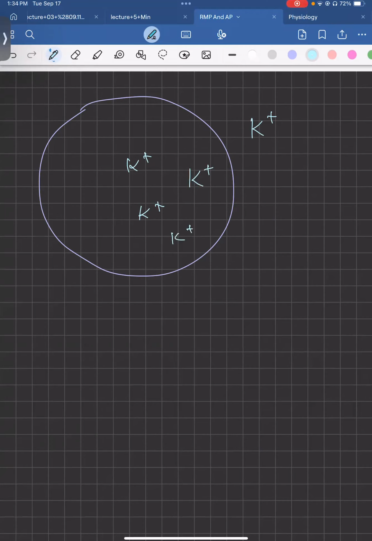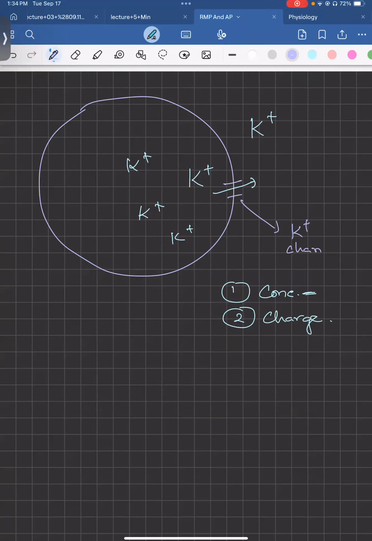Again, doing the same thinking, two forces: the concentration-related force and the electrostatic force. By concentration, by diffusion, potassium would want to come out. Again, it obviously needs some kind of channel, so this is the potassium channel. So potassium would want to come out by diffusion.